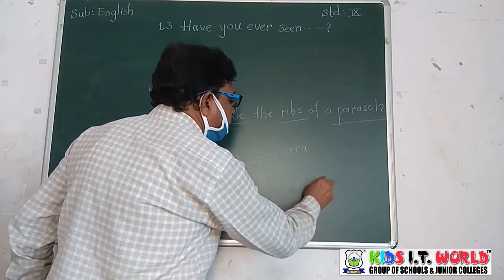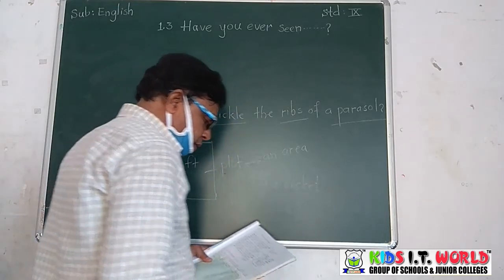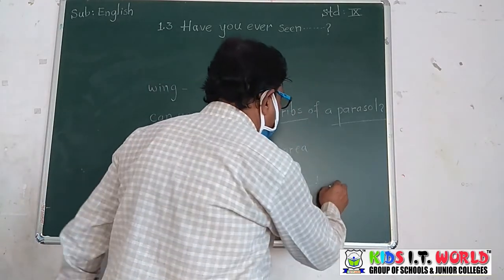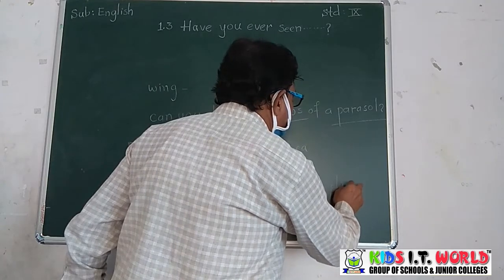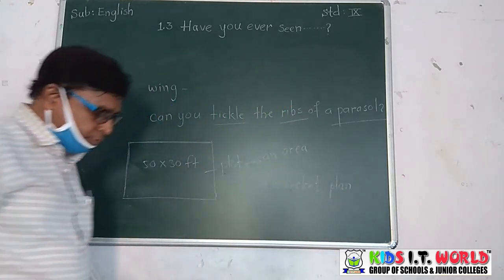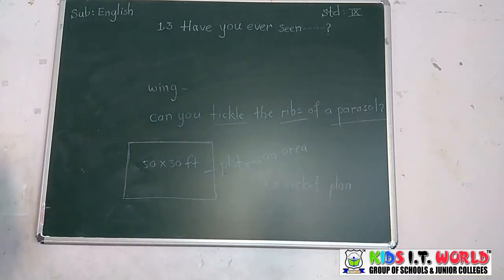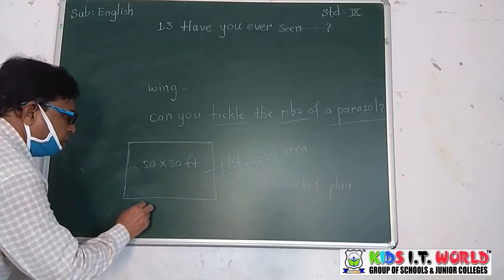To hurt somebody, a wicked plan is also called a plot. Therefore, the poet says, can the garden plot be deep and dark? It makes us laugh.